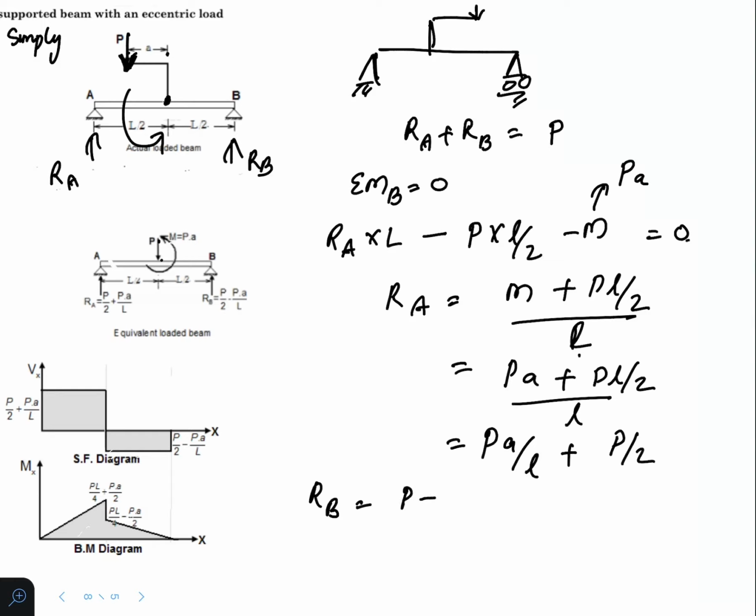So that is P minus (Pa by L plus P by 2), that is P by 2 minus Pa by L. Okay, so we have represented here in this figure the value of Ra and the value of Rb. So from that we will have the Ra value, it is going up. So we have this value as P by 2 plus Pa by L.